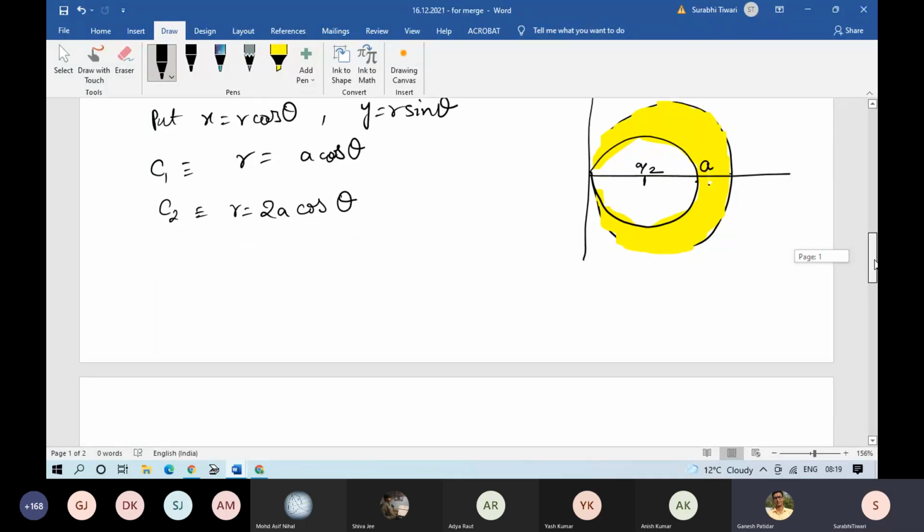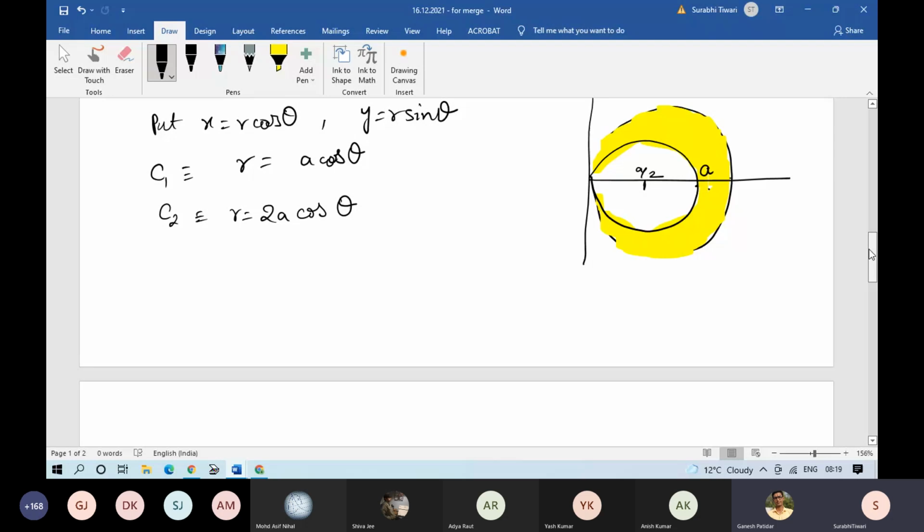Now we have to calculate the integral, not the area. So this integral of y square, and y square means r square sin square theta, and dx dy will be r dr d theta.